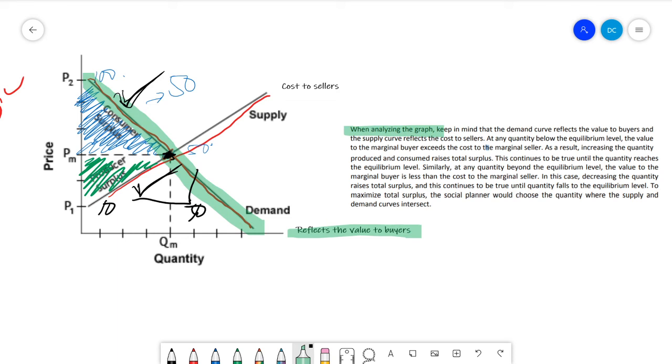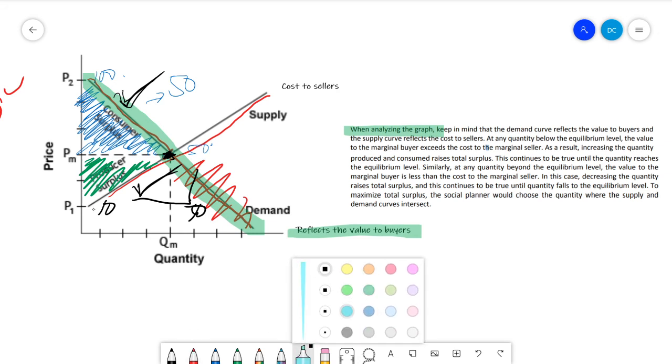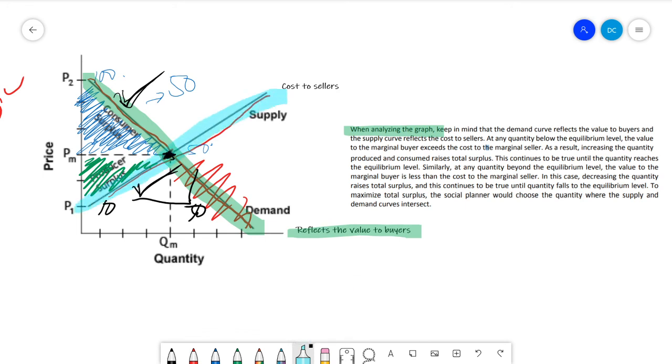Ito yon. So, lahat ng tao na dito sa part na to, hindi nila nakuha yung produkto, kasi sila yung mga tao na hindi gaanong binavalue yung good na pinag-uusapan natin. Tama? At hindi rin napunta yung trabaho dito sa mga seller na nandito sa point na to dahil mataas yung cost nila sa pag-produce nun.